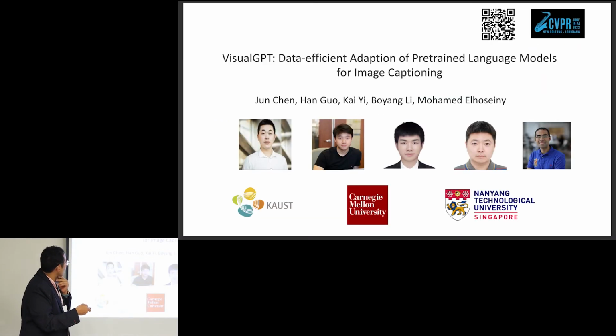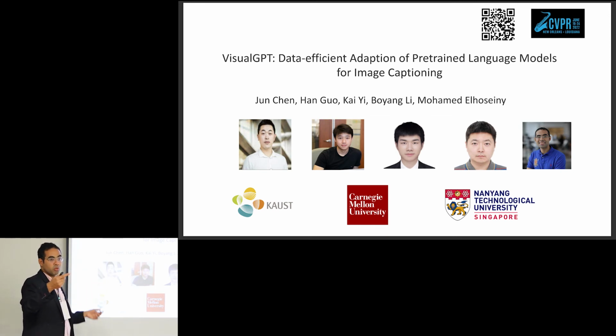Some other related things to conclude with: this is a paper for CVPR called Visual GPT. It's about affective captioning. It was about standard captioning, and the goal was to pre-train a GPT model to make the captioning task, which is a task of image to text, data efficient.